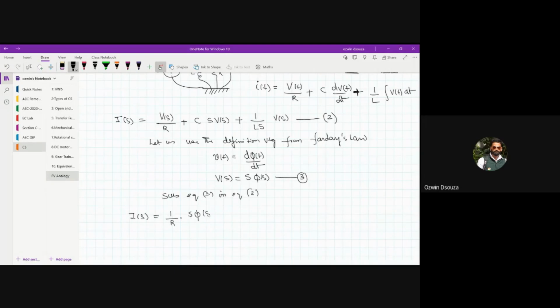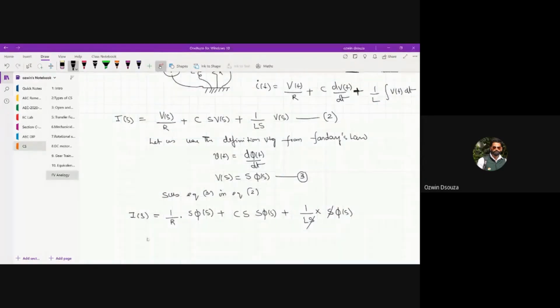So let me write it, s into phi of s, plus, let us write C as it is, and then we have s, and then we have V of s. What is V of s? V of s is s into phi of s plus 1 by Ls into V of s. That's again s into phi of s. So this s and this s get cancelled.